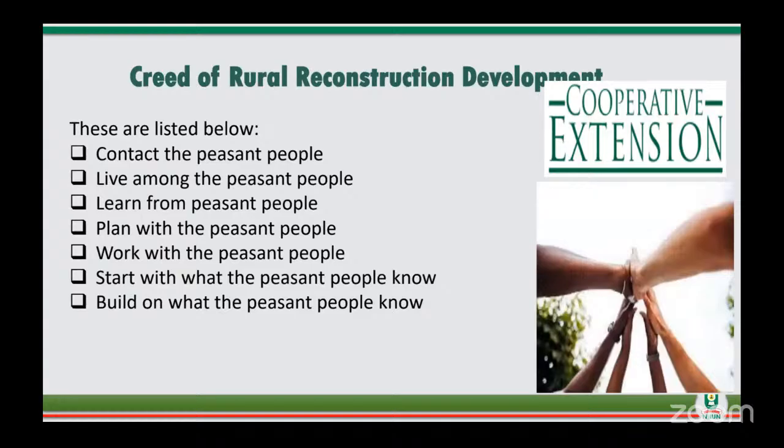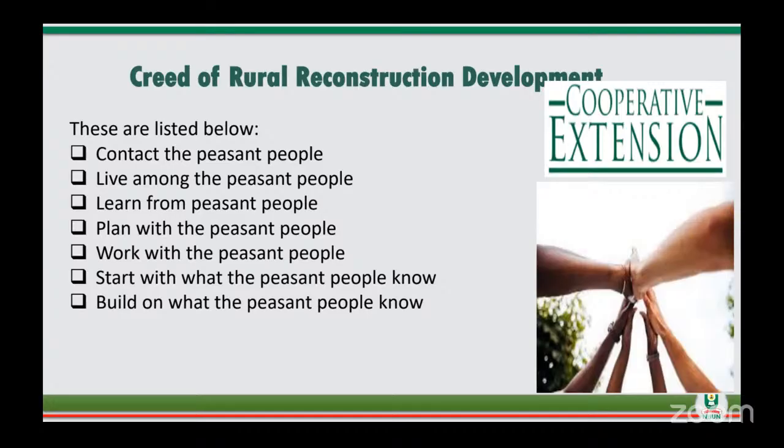Now, what is the creed of rural reconstruction and development? These are: one, contact the peasant people. Two, live among the peasant people. Three, learn from the peasant people. Four, plan with the peasant people.